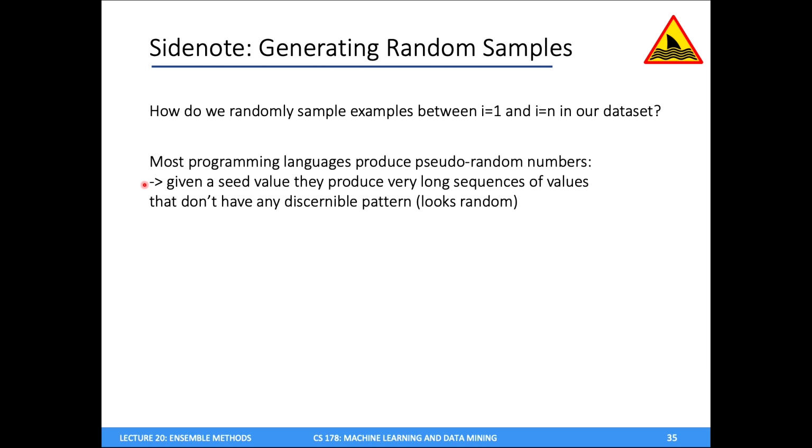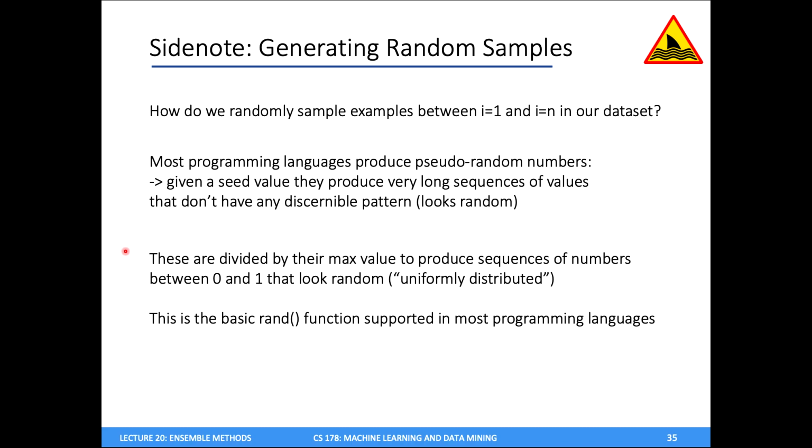They're not exactly random, but random enough for our purposes. If we divide this long string of integers by the maximum value it can take, you get a random number between 0 and 1 that is approximately uniformly distributed. This is really the basic random function that you work with in most languages.